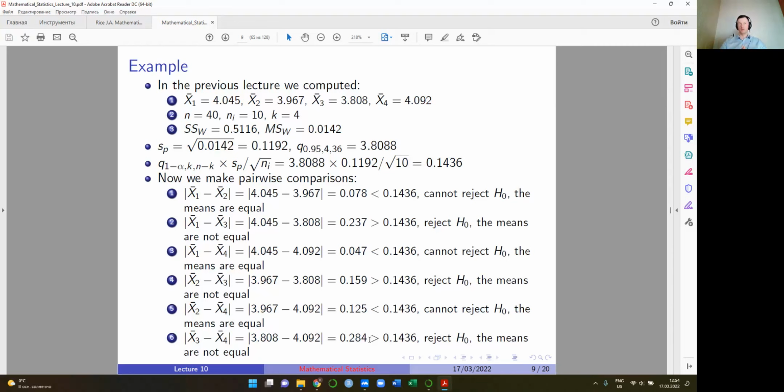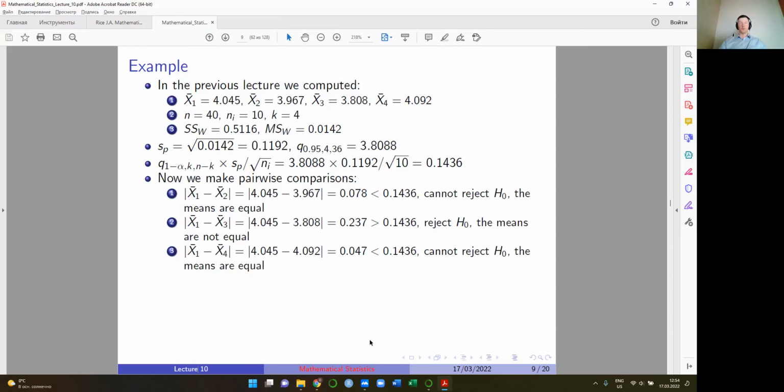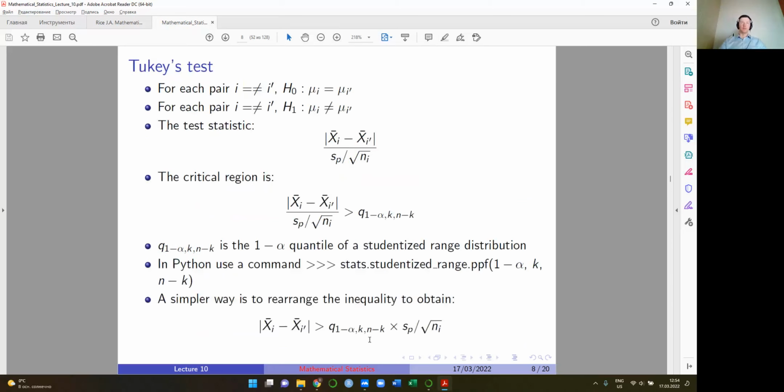Sorry, why do you say that one is more than the other? Do we state that they are just different, or do we already state that one is more than the other? Well, your question is fair enough, right? Our alternative hypothesis is not equal.